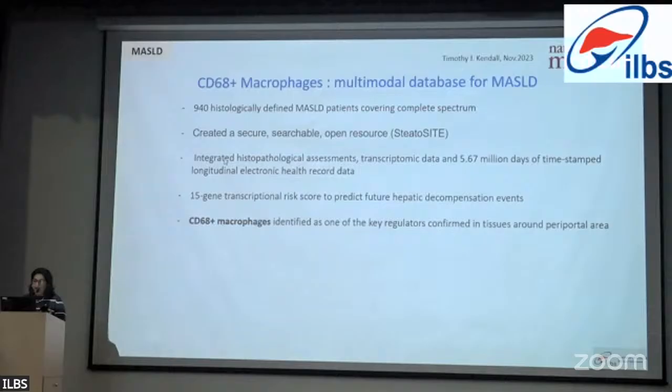Including the histopathological assessment as well as transcriptional data, they formed a 15-gene transcriptional risk score to predict future hepatic decompensation events. This is also in MASLD. They found that these ductular reaction cells have a huge number of CD68 macrophages, which are one of the key players in tissue and the periportal area.